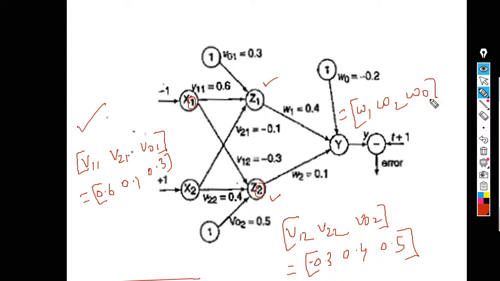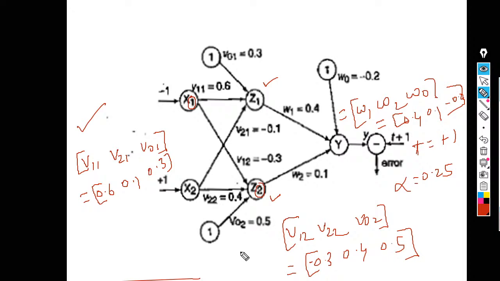W1 is 0.4, w2 is 0.1, and w0 is minus 0.2. So this input is done. Then the target is given as plus 1, and alpha is given as 0.25. So all the input data are ready.